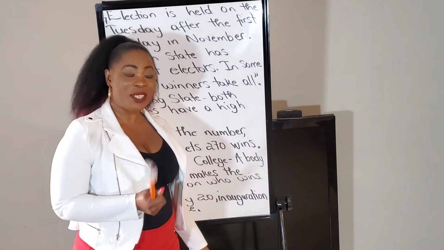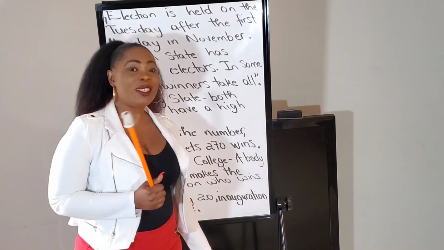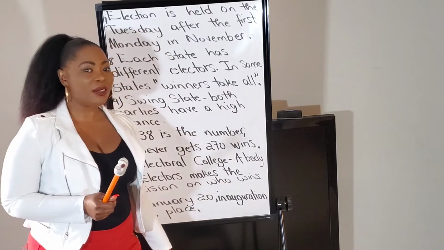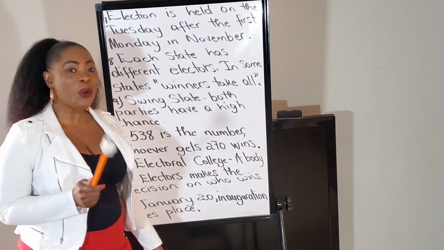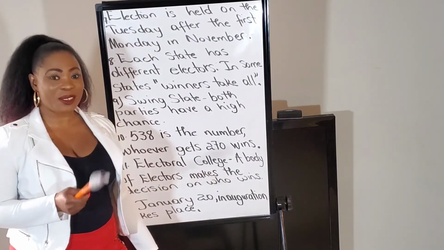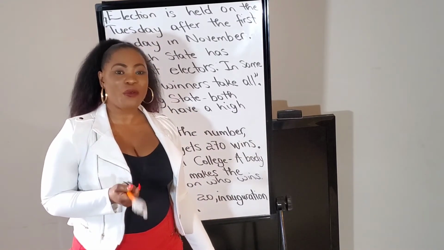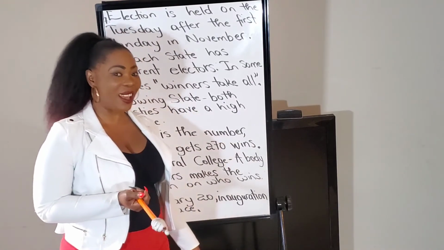Now, 538 is that magical number, right? So it's 538 that they look at. But if you get 270 votes, so if you get half of that, then you would have won the presidential election.